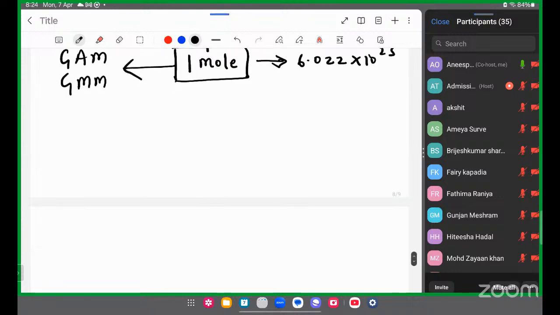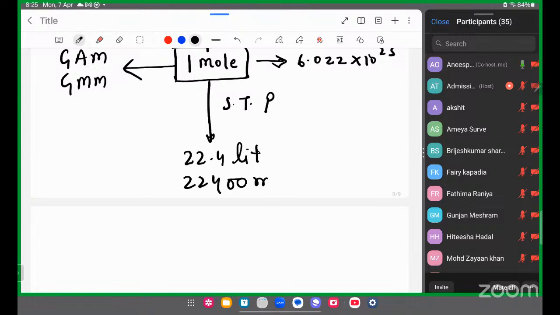Next point is, if we have 1 mole of any gas at STP, that is standard temperature and pressure, then its volume will be fixed. This will be 22.4 liter. Liter is sometimes also given as dm cube, so dm cube and liter are the same.